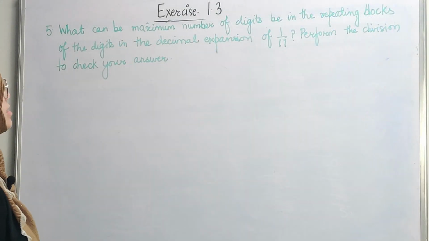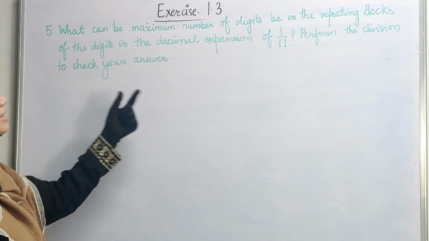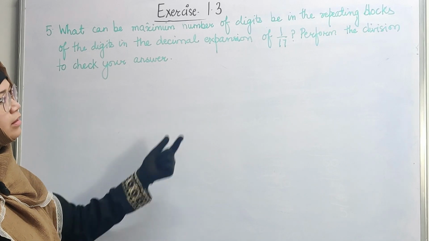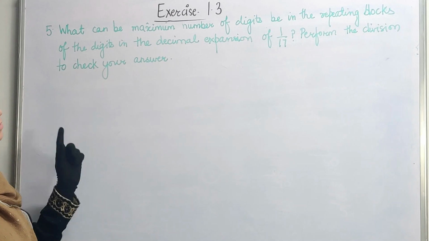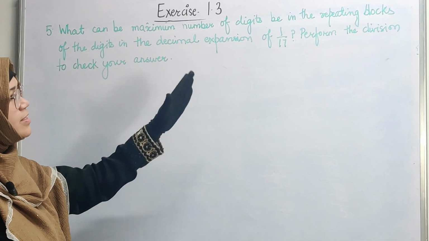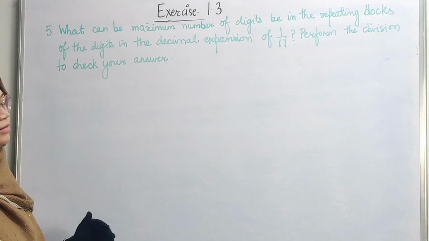What can be the maximum numbers of digits be in the repeating blocks of the digits in the decimal expansion of 1 upon 17? Perform the division to check your answer. What is the question? The question is you have to find the decimal expansion of 1 upon 17 by using the division method. So let's start.